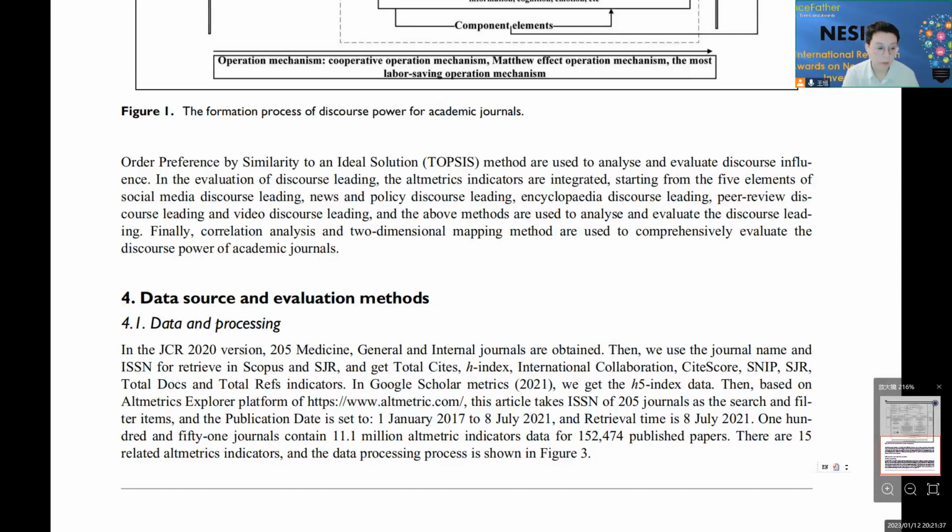There are 15 related altmetric indicators, and the data processing process is shown in Figure 3.